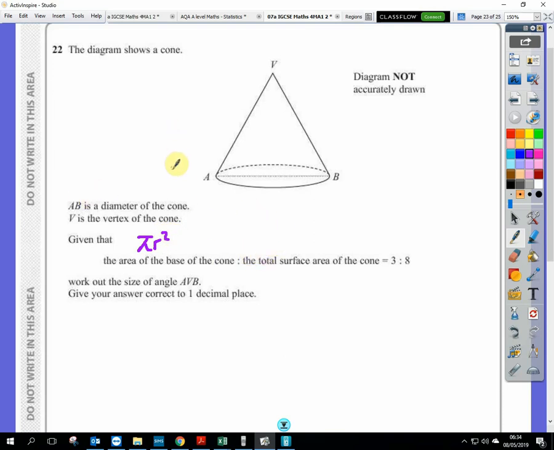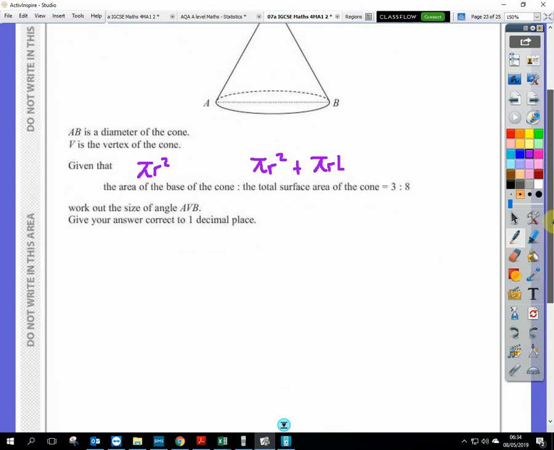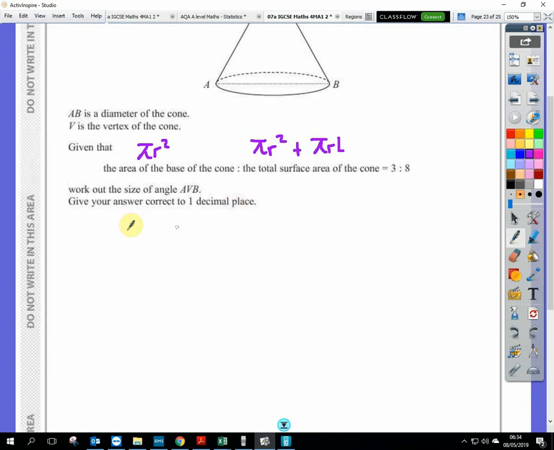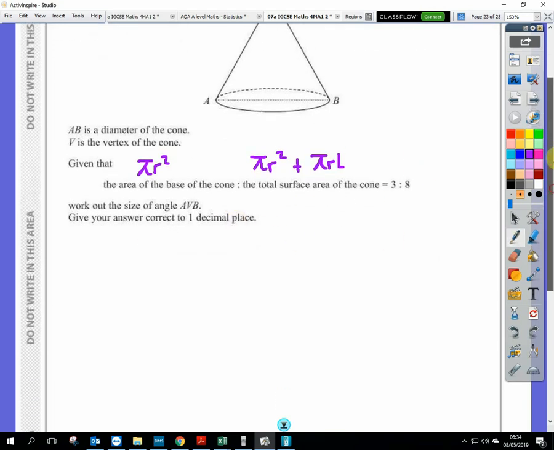Now, the total surface area of the cone is the bit around the cone, which is known as the curved surface area, and the circle on its base. So this will be pi r squared, the circle on its base, plus pi rl, which is the curved bit around it, and it's equal to 3 to 8. Okay, it's fine. So some notes that you need to know.